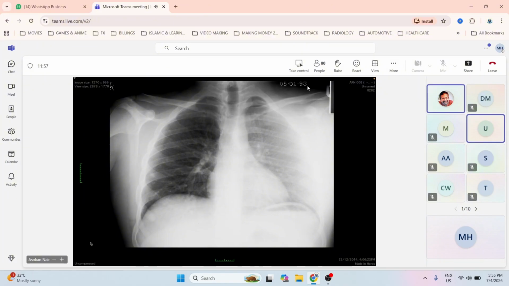Presented to me is a chest radiograph in a frontal projection of a skeletally mature patient. There is an increased opacity seen at the left lung field.